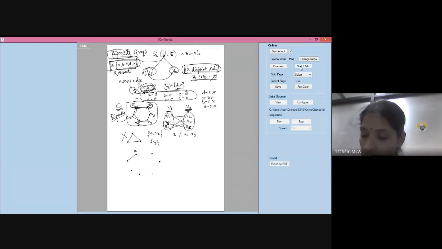Let me name these vertices first: A, B, C. I'll call these D, E, F, and G. Then let me connect a couple of them. A to E is connected, E to F is unconnected, F to D is connected, G is not connected.